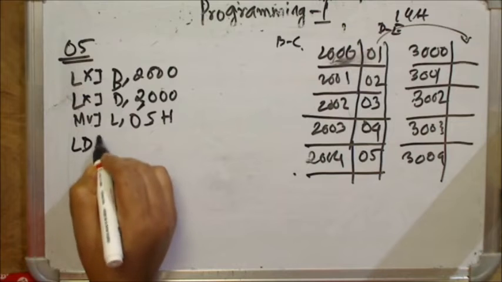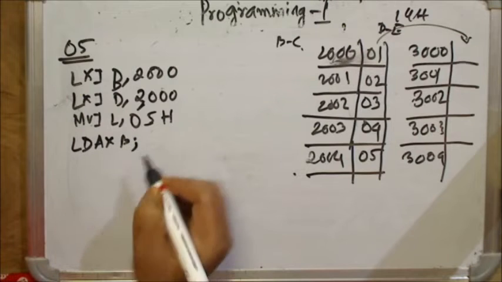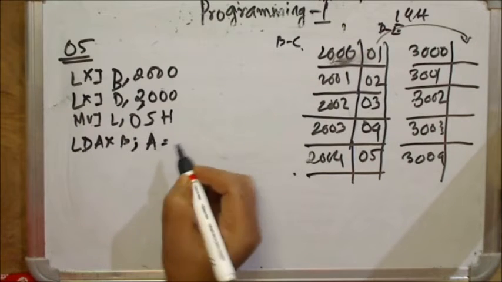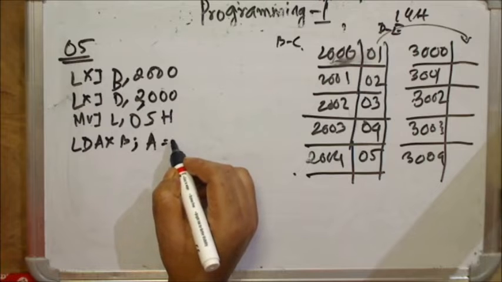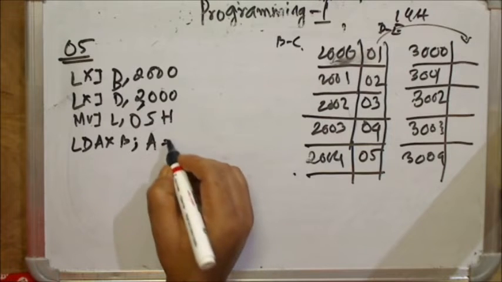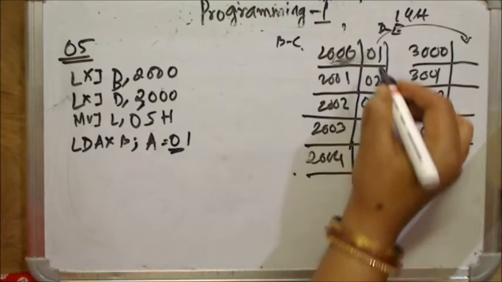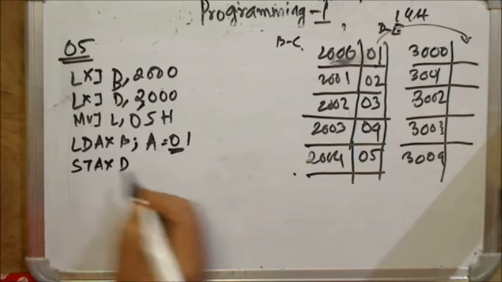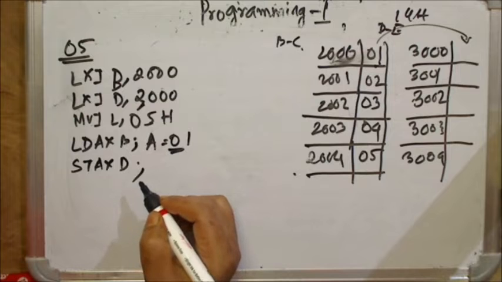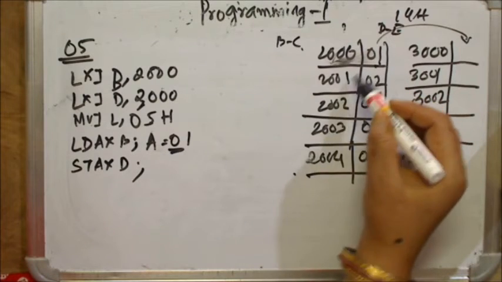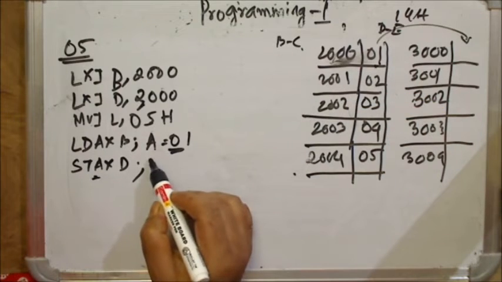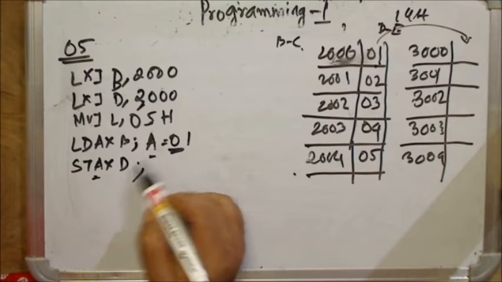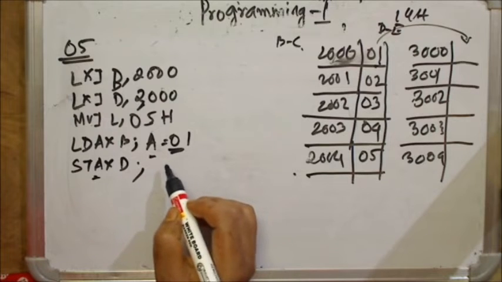Now LDAX B. A will get the value of the memory location pointed by the BC pair. That is, A will get 01. Then STAX D. What will happen with STAX D? Whatever is stored in A will get stored in the memory location pointed by the DE pair.